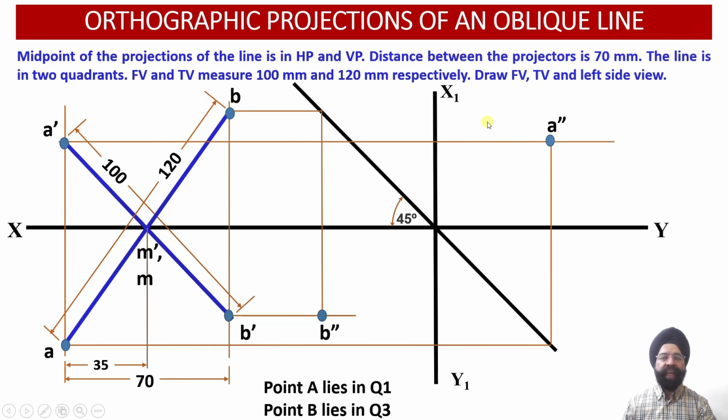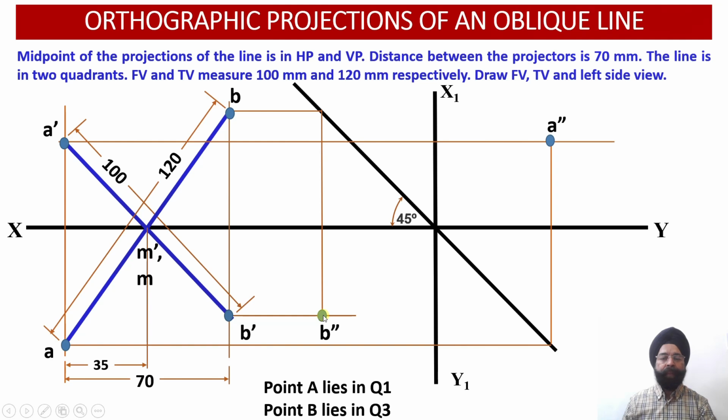So point A lies in front of the vertical plane. That is why the point A double dash was obtained in the first quadrant. We can check this much distance above the horizontal plane, this much distance in front of the vertical plane. So point A lies in quadrant number 1.